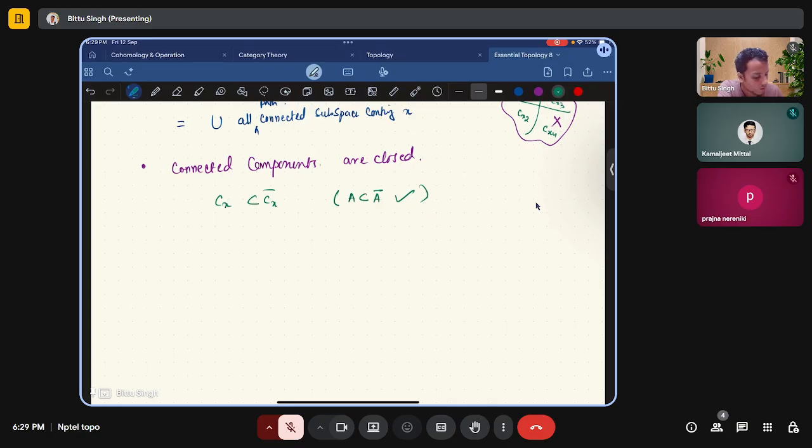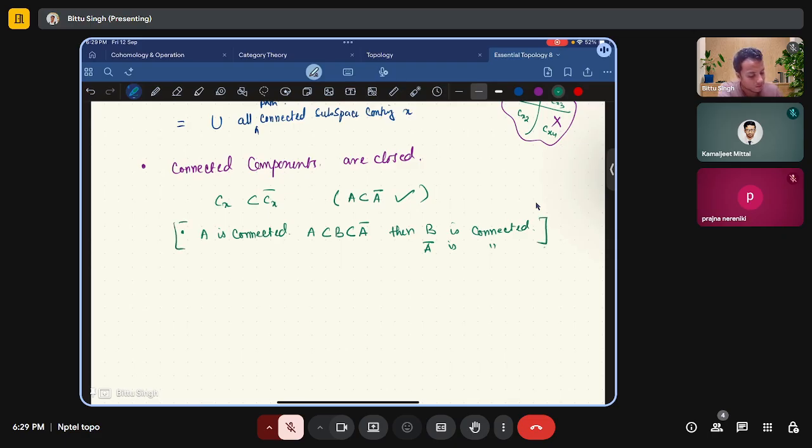And we know another property. So what is the property? If A is connected, and suppose A is contained in B, which is contained in A closure, then B is also connected. So in particular, A closure will also be connected.